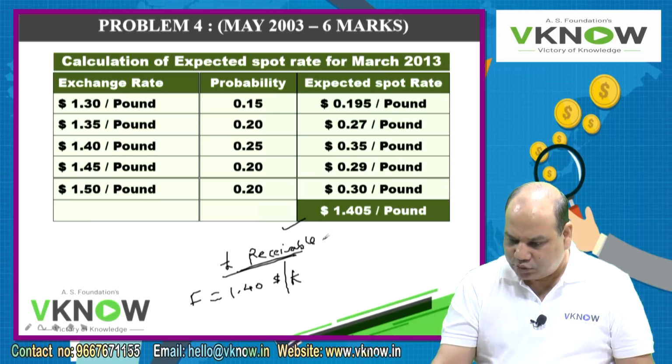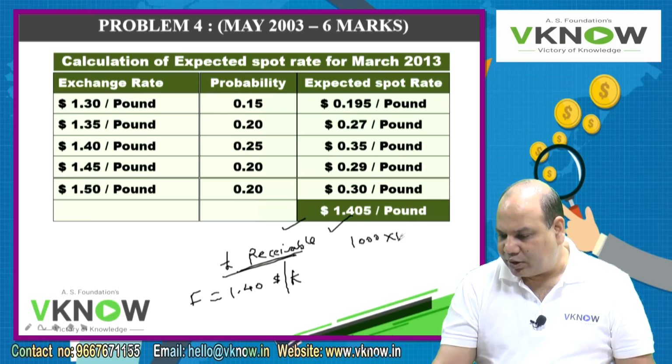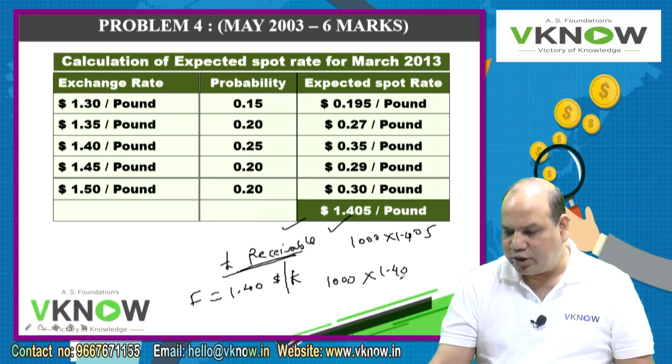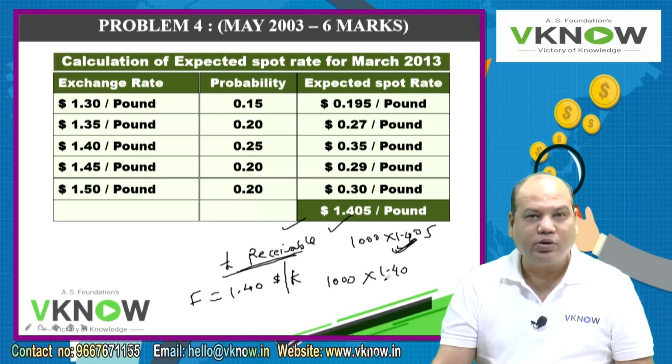So if you receive £1,000 and if you apply the expected rate, you will get this many dollars. And if you apply the forward rate, you'll get this many dollars.